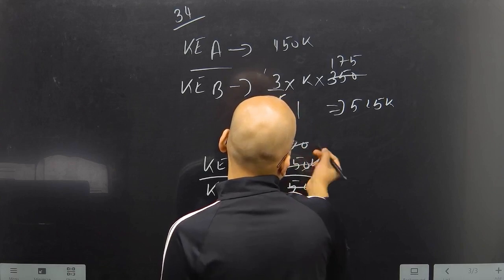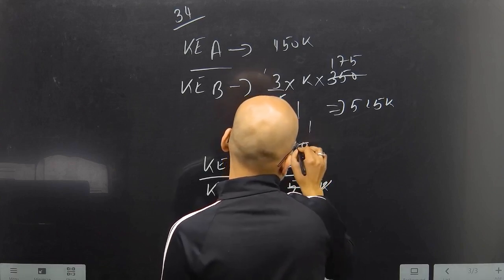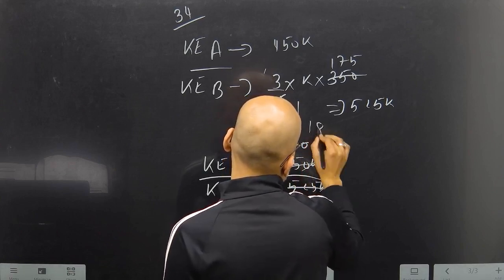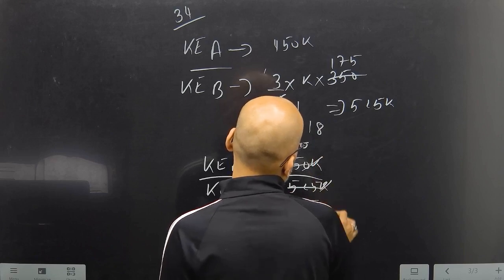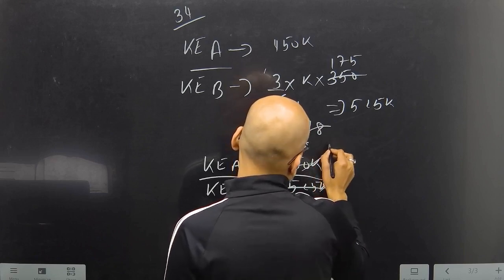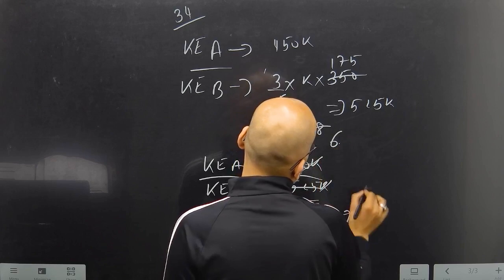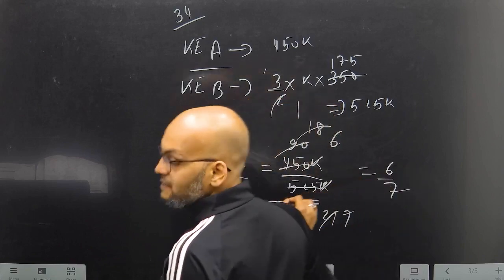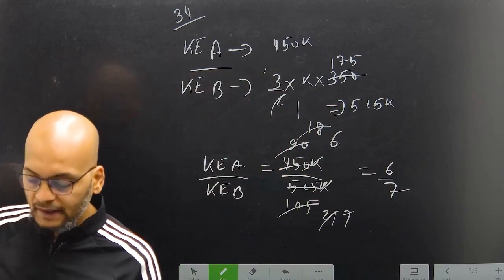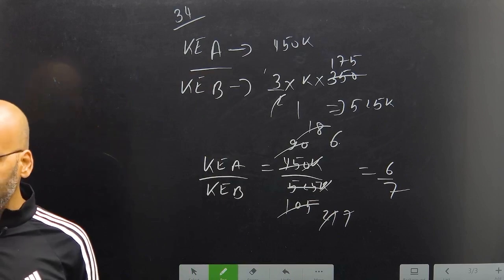Again by 5 you can do, 5 fours are 20, 5 ones are 5... by 3 you can do, 3 twos are 6, 3 sevens are 21. 6:7 is the answer, guys. Right, option B is correct. 6:7.